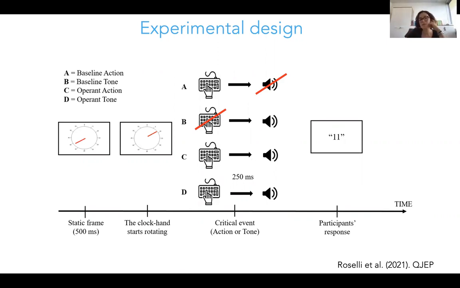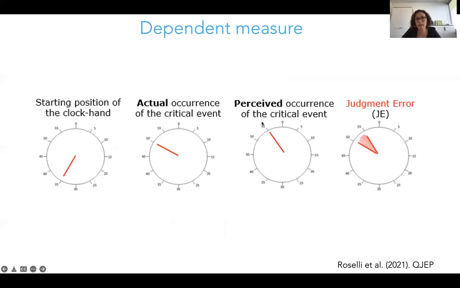And you ask participants to estimate on a continuously running Libet clock when they think an action happened, or when they think a tone happened. So we have two possible tasks, either action or tone. In these two conditions, the estimates of the time should be linked more, brought closer, as compared to the baseline condition.